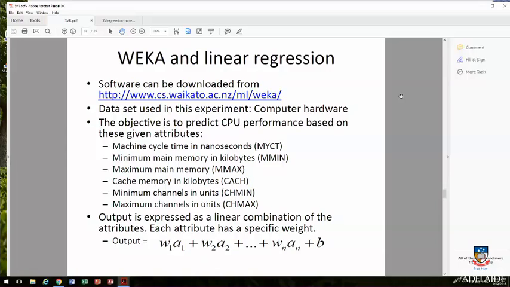I might just skip some of the last few slides. They talk about how you can use a toolbox called Weka, but it's Java. The programming language is Java, so I don't really recommend you use it.